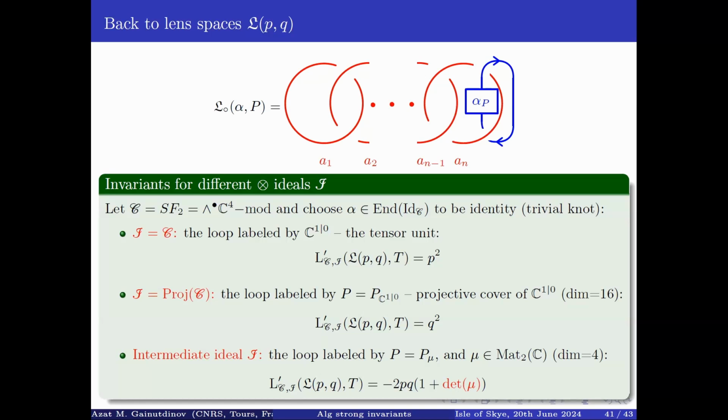That's why I call such an invariant algebraically strong, because it can detect extensions, and that's why this invariant is called non-semisimple. It's not just that the input category is non-semisimple; the invariant can see the internal structure of objects in your category.